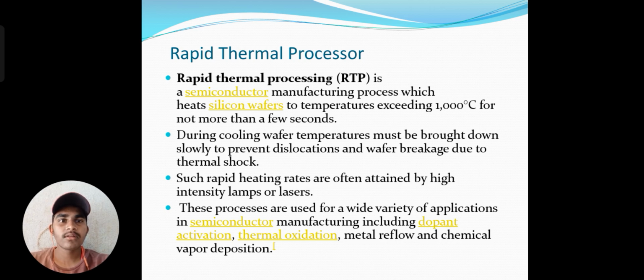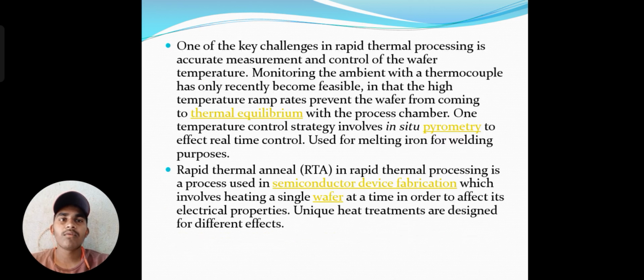These processes are used for a wide variety of applications in semiconductor manufacturing, including dopant activation, thermal oxidation, metal reflow, and chemical vapor deposition. One of the key challenges in rapid thermal processing is accurate measurement and control of the wafer temperature.